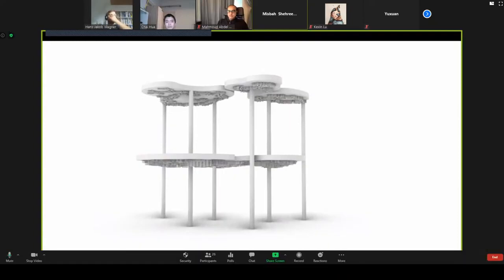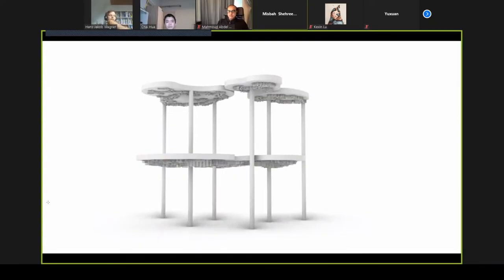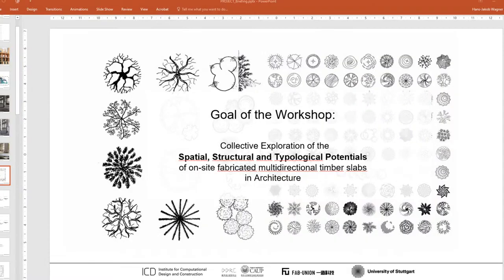I think maybe in general, for your group, it's relevant to just reiterate quickly what we are actually looking for in the workshop, right?